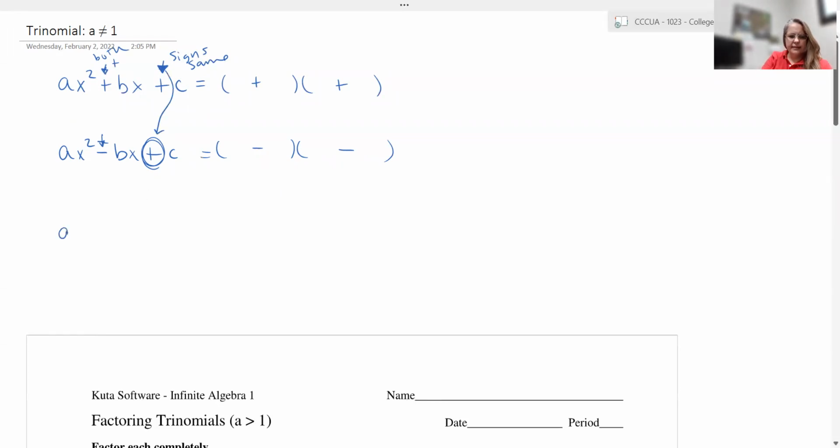But if I have the case of ax squared plus bx minus c, then when I open up my two sets of parentheses here, this second sign tells me that my signs are different, meaning I'm going to put a plus and a minus. And then this plus sign right here means that of my factors, my bigger number goes with the positive.